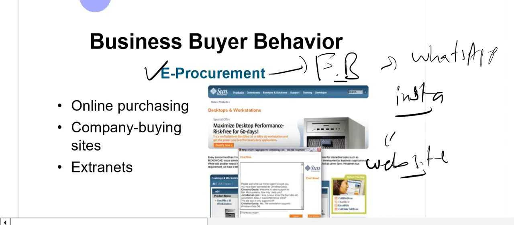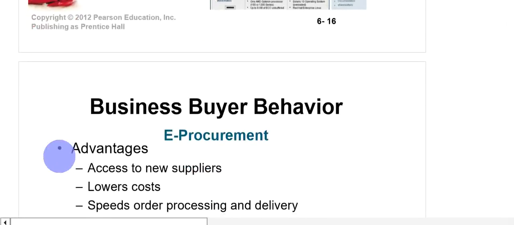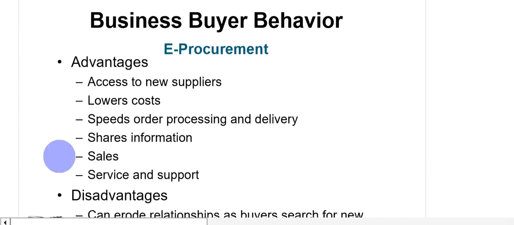So there are some organizations who have their websites, and there are setups of extranets where we can see business purchases. When we see a purchase from business, we can see different advantages and disadvantages.